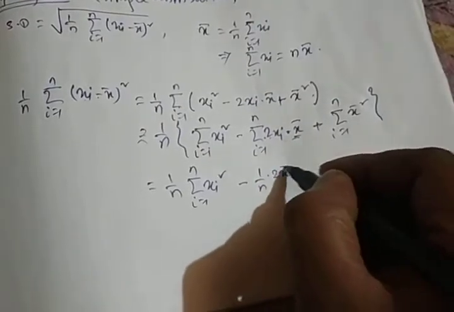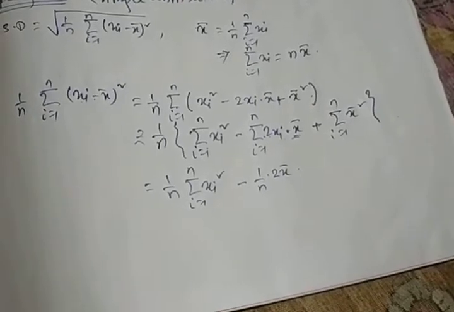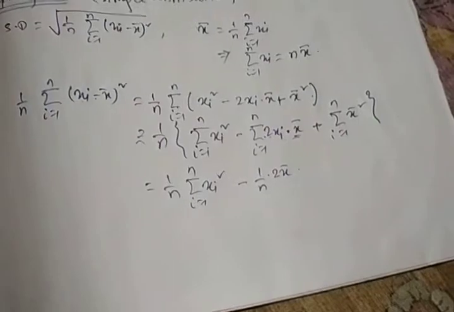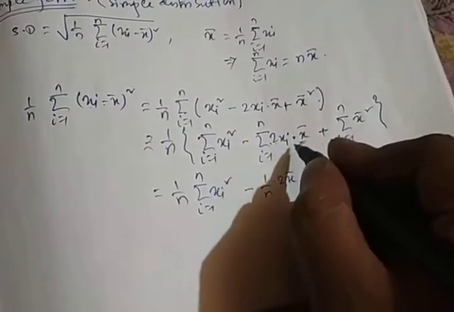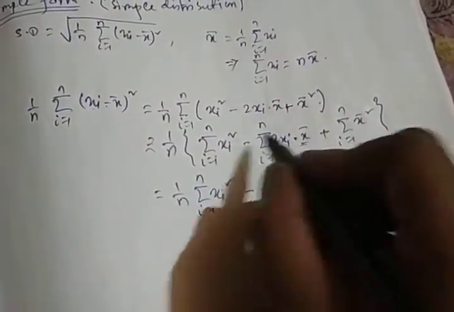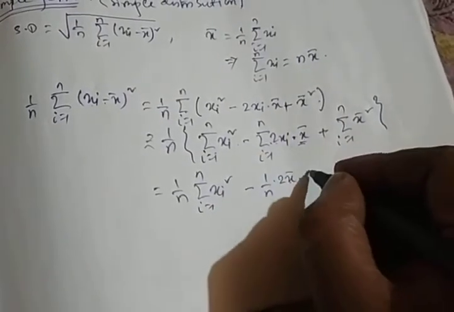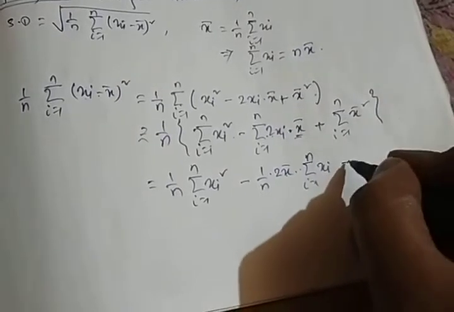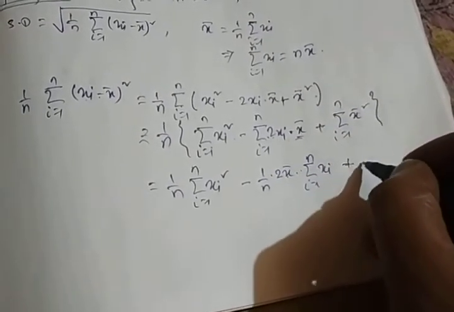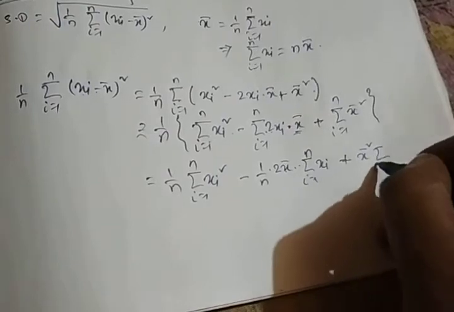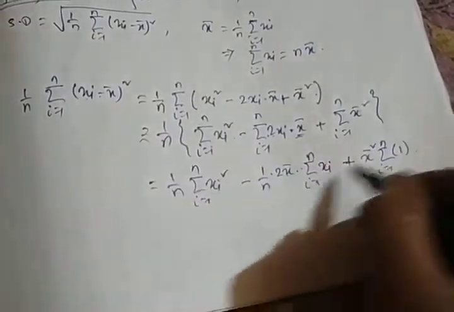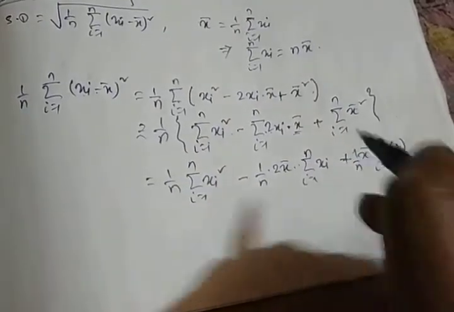So 2 into x bar, as x bar is constant in each distribution, it is a fixed value and it is unique for this distribution. Okay, so as it is fixed, we can take out this part from the summation sign. So there will be summation i equals to 1 to n only xi, plus also x bar square is constant. So if we take out, we will get summation i equals to 1 to n only 1 and also 1 by n here.